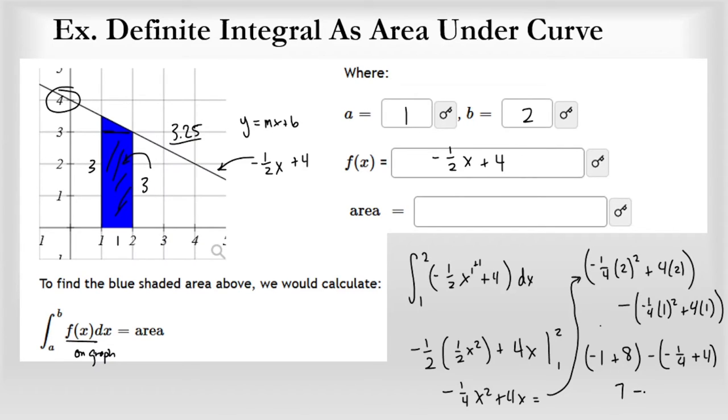So we get 7 minus 3.75, which is 3.25. So that's what goes here, 3.25. Notice that I did it geometrically, super easy, when you're given the area here that are very easy geometric shapes. But that's how you would do it with the integral.